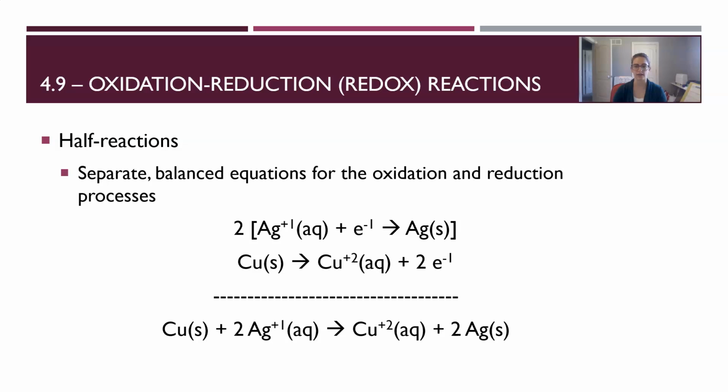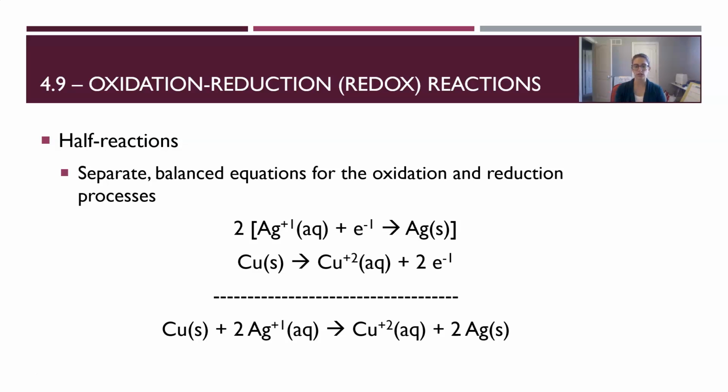Now, if we look at our two half reactions for our overall reaction, in order to balance our total number of electrons, we need to multiply the top half reaction by 2, because silver is gaining an electron and copper is losing 2 electrons.